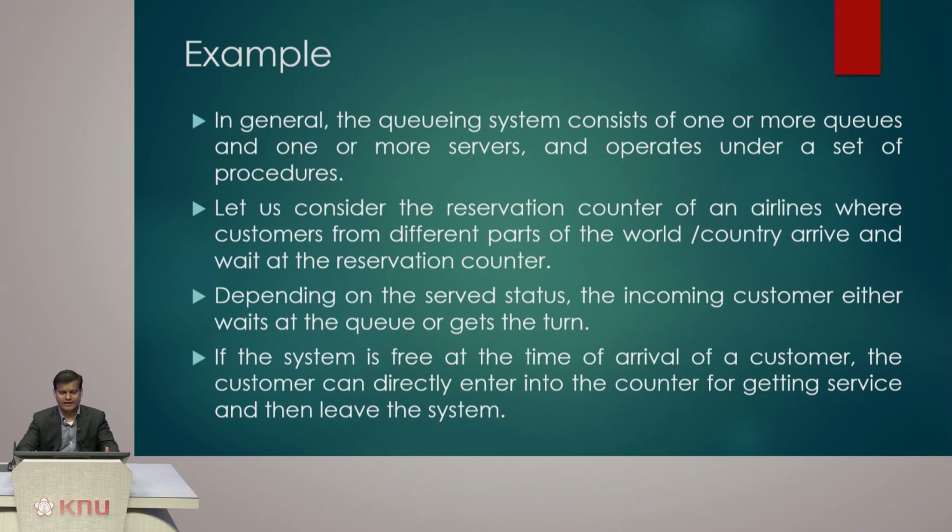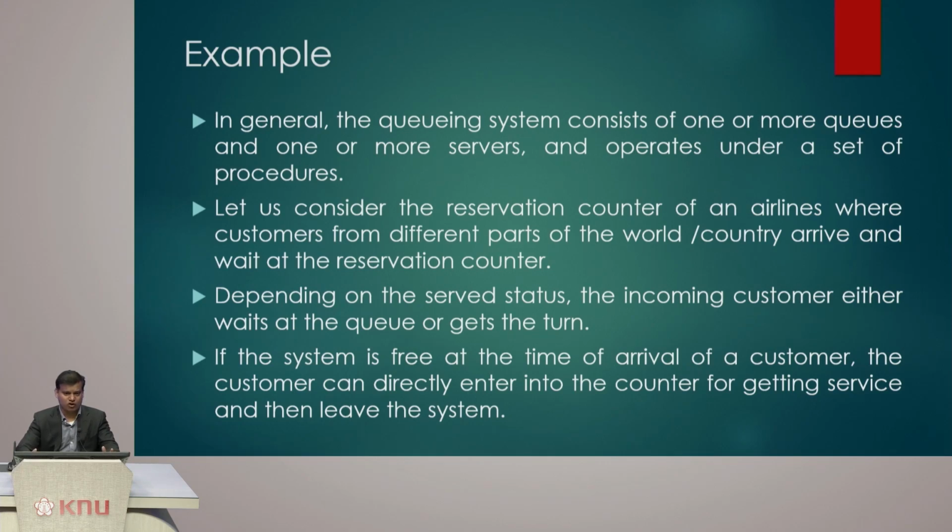You can take any example. Depending on the service status, the incoming customers either wait in the queue or get their turn. If the system is free at the time of arrival of a customer, the customer can directly enter the counter for getting service and then leave the system.